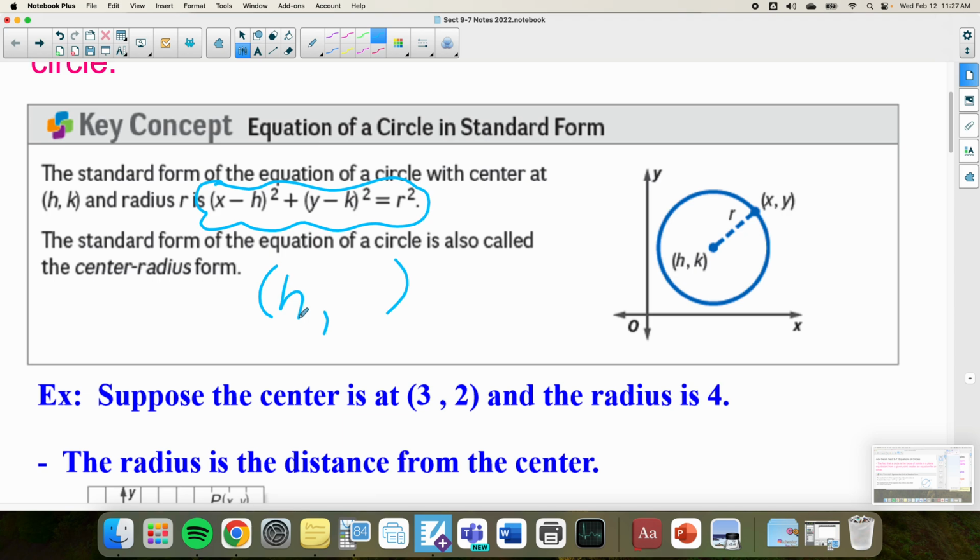If it was x minus 2, that would tell us this is 2. If this was x plus 4, let's say, what this would be is the opposite of plus 4, so it'd be negative 4. So in this case, it would be k, okay? Wait, no, I didn't say that right. I'm confused. Sorry.